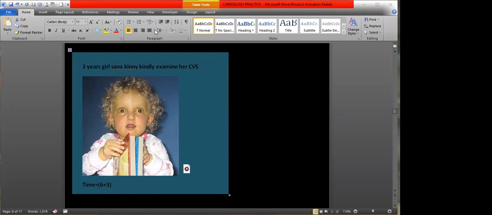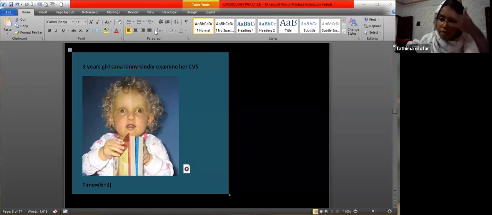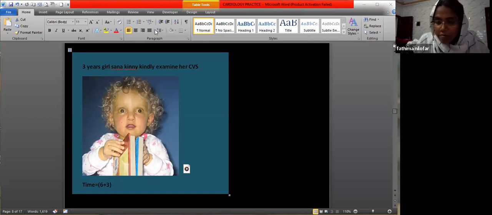Today I had the opportunity to examine 3-year-old Sana, who appears well grown for her age, and she has obvious icterus and features of Alagille syndrome with a significant right hypochondrial scar. On cardiac examination, I could appreciate a murmur, probably an ejection systolic murmur, grade 3/6, in the left second intercostal space, also radiating to the back.